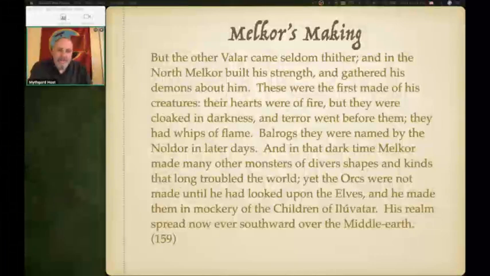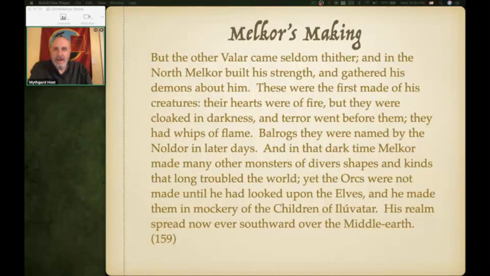By calling it envy, Tolkien is attributing that motivation to him, right? But I don't think that he thinks that that's his main motivation.